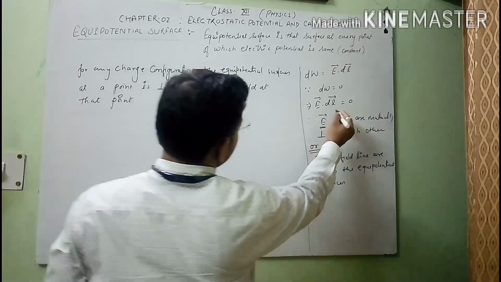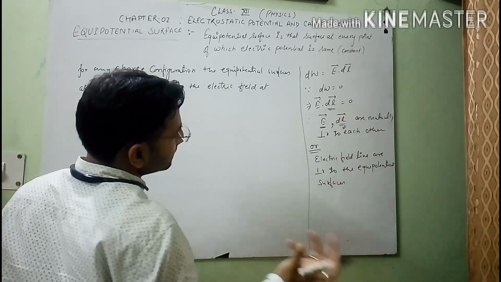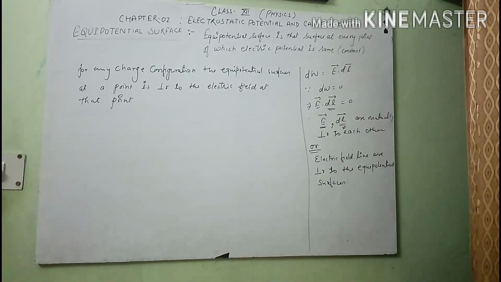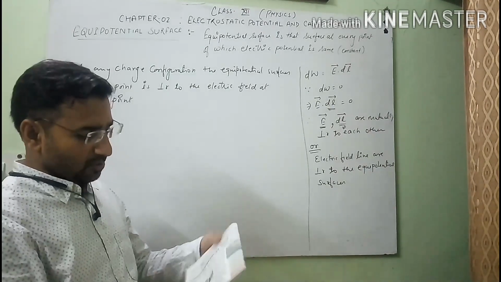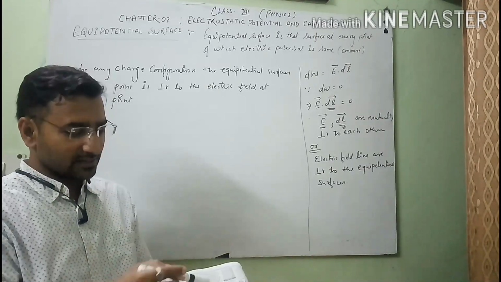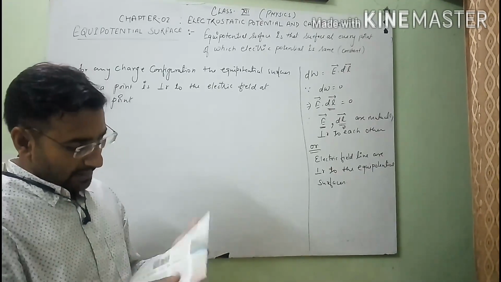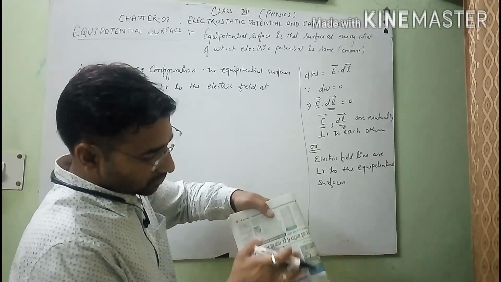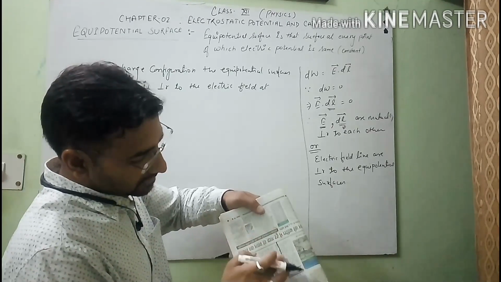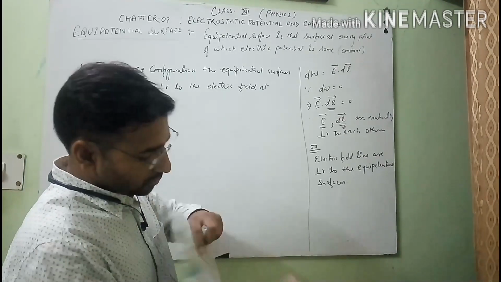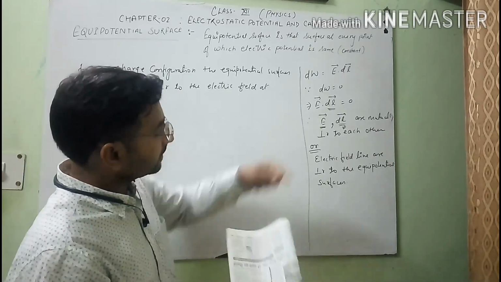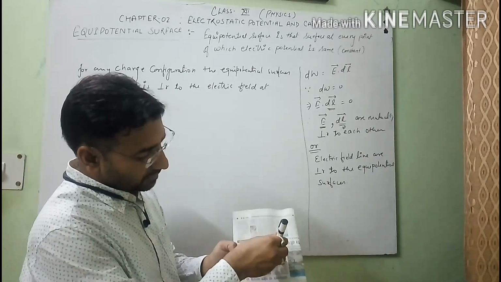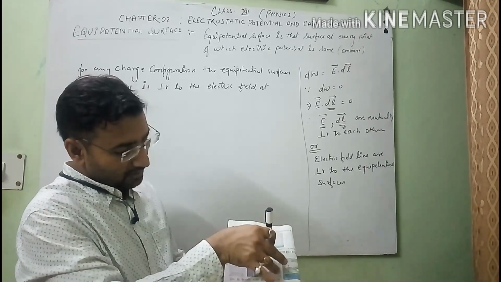We know that dl is over the equipotential surface. I am taking one example here. This is suppose our equipotential surface, and I have drawn a line segment over it like this. If after the calculation I got E dot dl equals 0, it means the electric field will be normal to that dl.